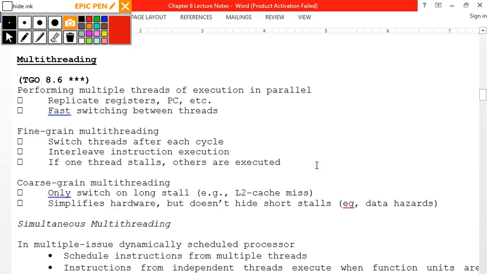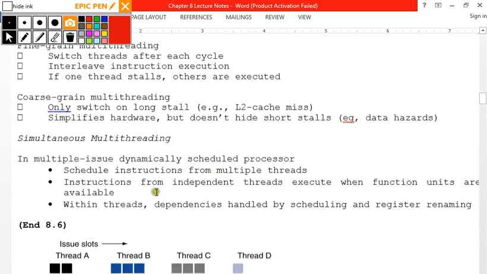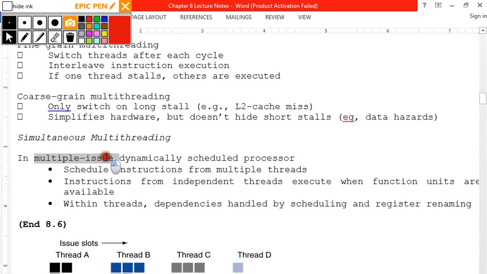So in order to combine both of these approaches, we're going to do something called simultaneous multi-threading. In simultaneous multi-threading, we call it multiple issue, meaning that we're going to be issuing multiple instructions simultaneously. If you're able to execute multiple threads, you do it. So you schedule instructions for multiple threads, and the instructions from independent threads execute when the function units are available.